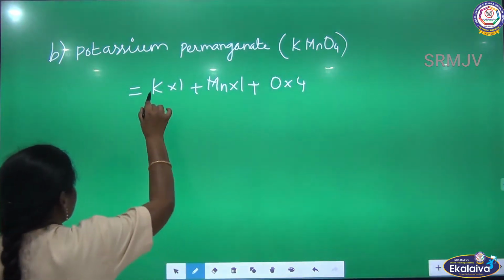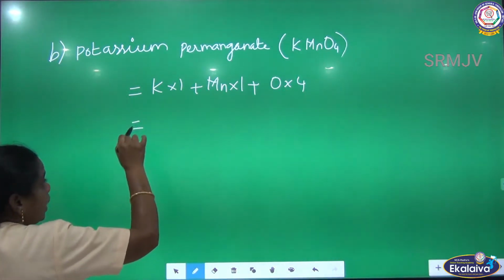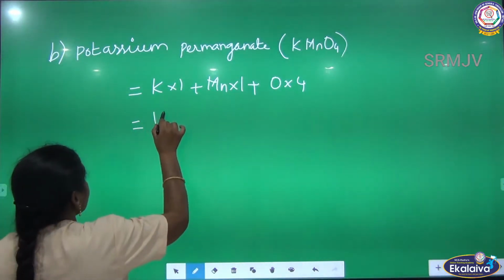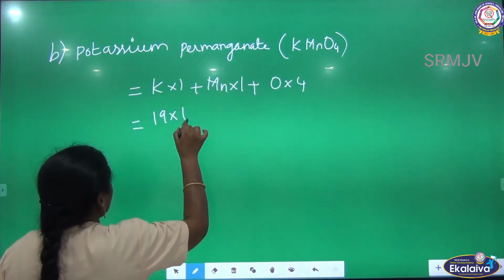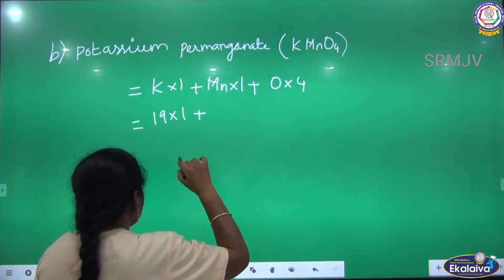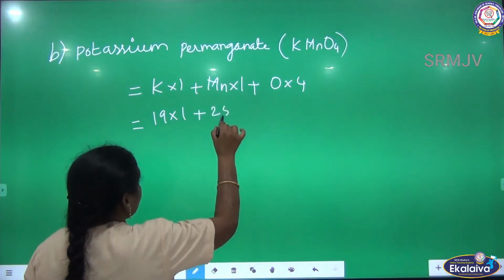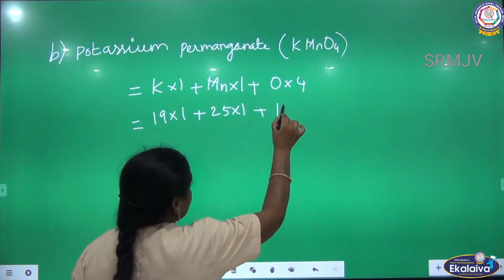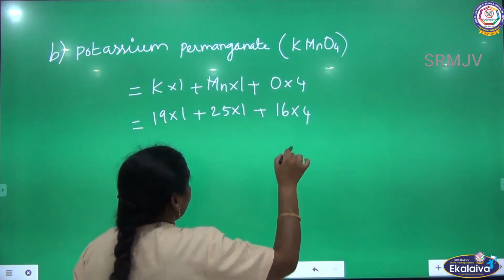Now write the atomic mass. Atomic mass of potassium is 39, plus the atomic mass of manganese is 55, plus atomic mass of oxygen is 16 into 4.